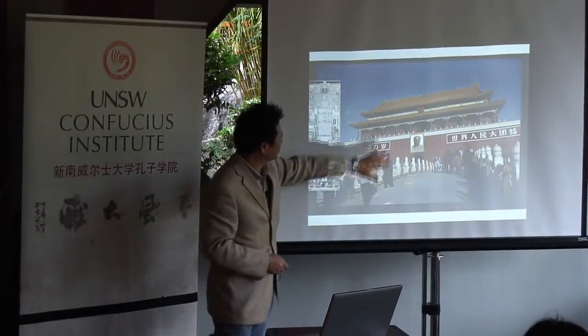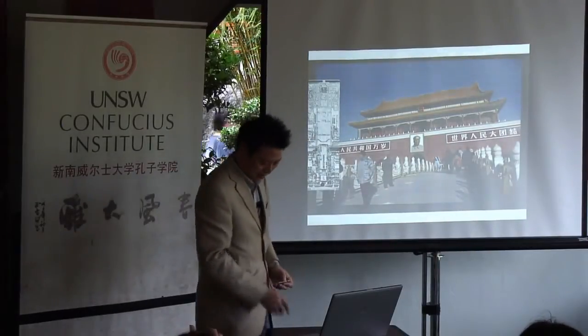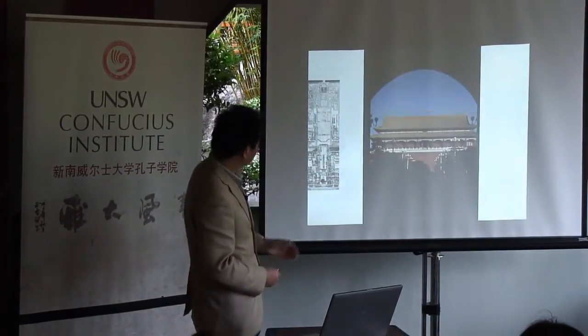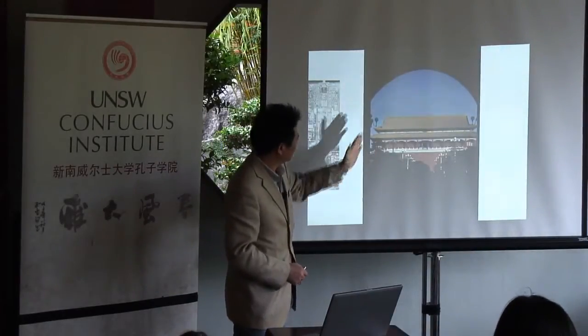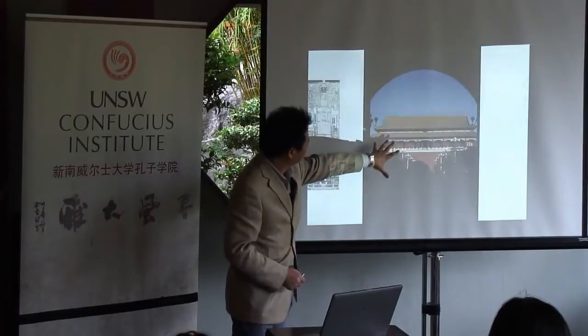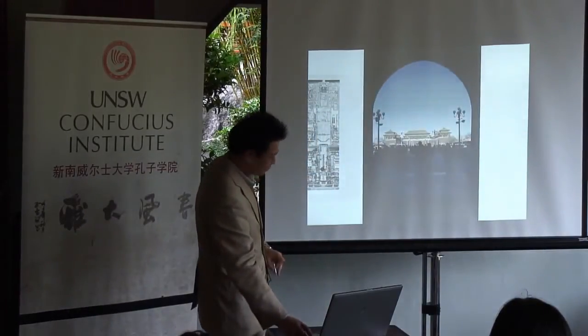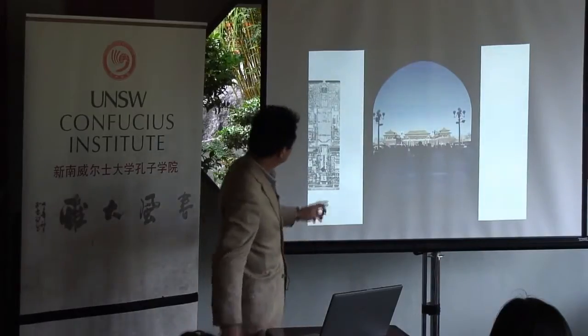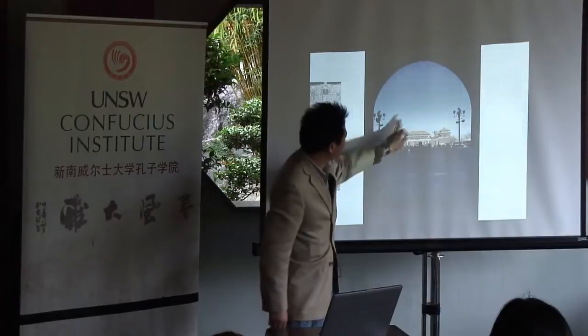At the gate, the Tiananmen Gate, which is very famous in China, we stand in the gate and look through to the next gate. Yeah, we stand at the second gate, we look at the Wumen.